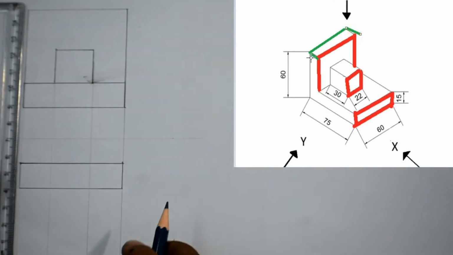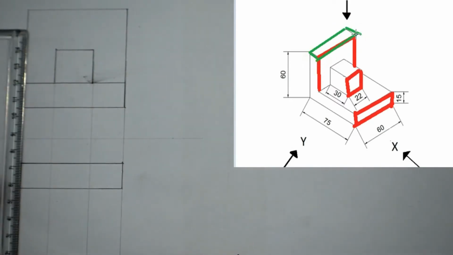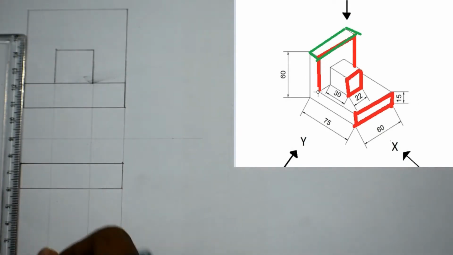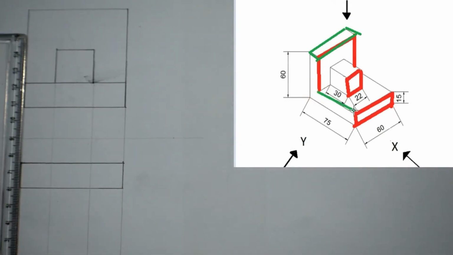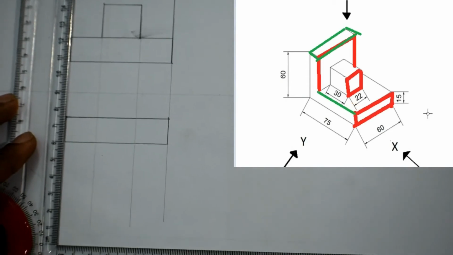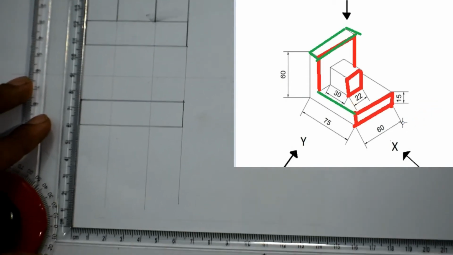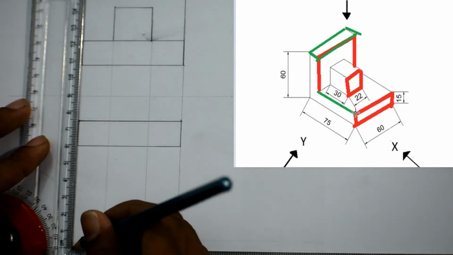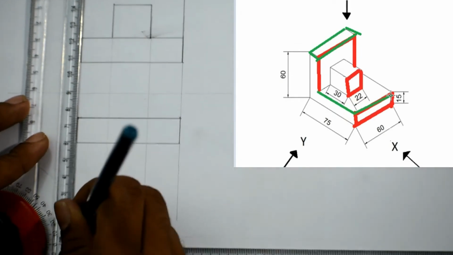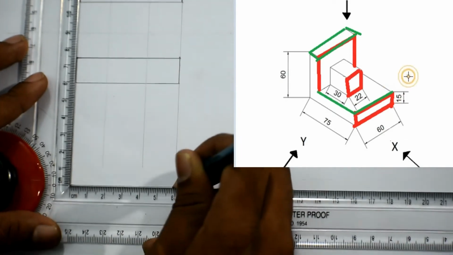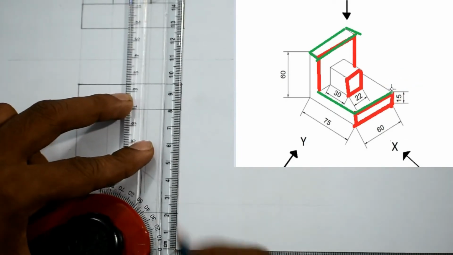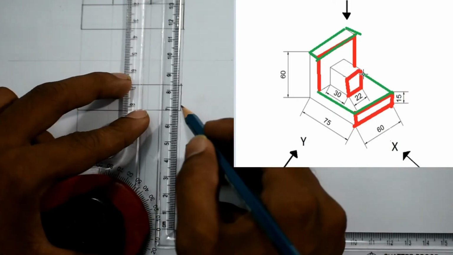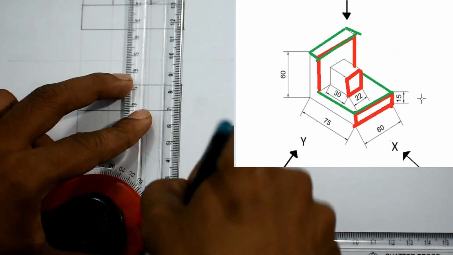Also the total width of this figure is 75 mm. So we need to take this length including this 75. So I will draw this 75 mm line. And then this 60 and till this projection line. Our top view is almost complete.